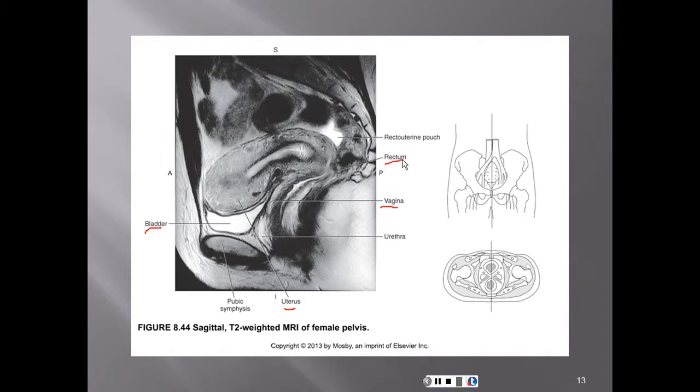Clearly identify the rectum. The rectouterine pouch is also important to understand. The urethra is a very short urethra. I'm sorry, I mislabeled that, but that's coming down there. But that's the urethra, and the pubic symphysis, the bone. This is the bone. And the bladder sits right on top of the bone. And then you have the body of the uterus, which sits right over top of that.